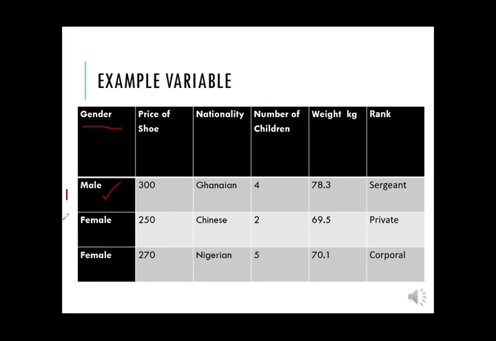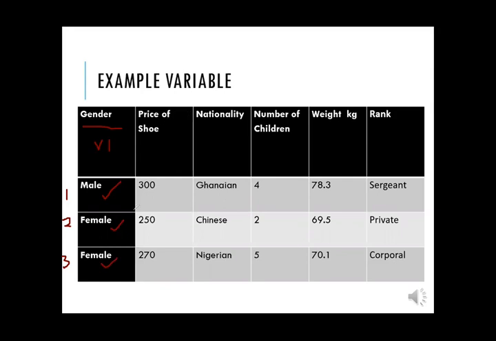The second person's gender was female. The third person was female. So gender is changing from one person to the other. So this is variable 1.